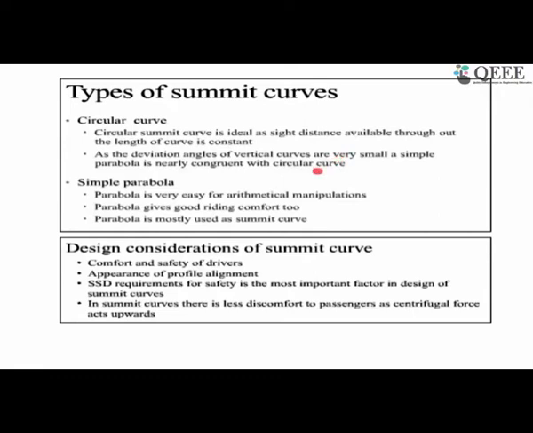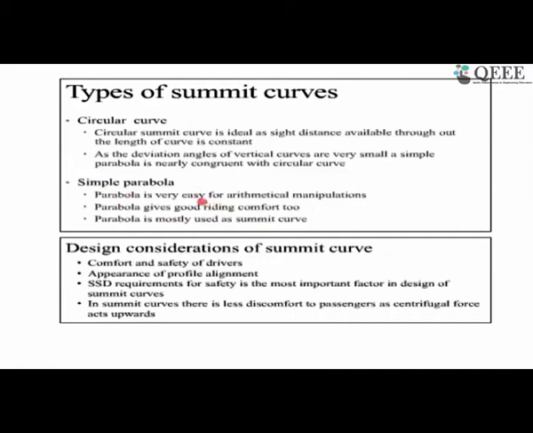But whenever we construct in the field, the actual deviation is quite small, and if the actual deviation is quite small, then we can easily fit a parabolic curve which is almost like a circular curve. Why do we choose a parabolic curve, a simple parabola particularly?